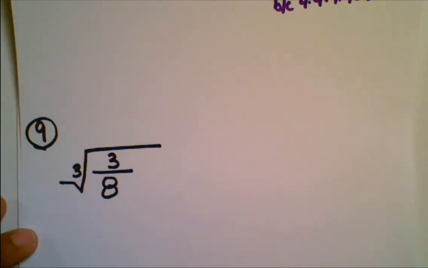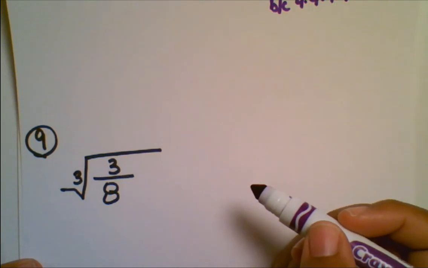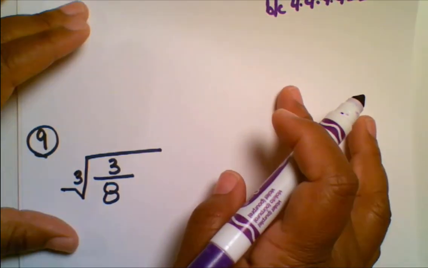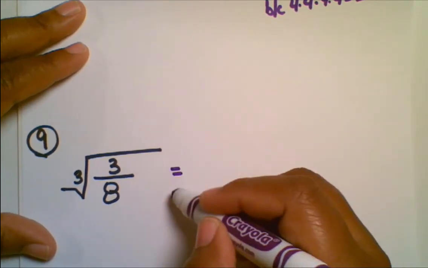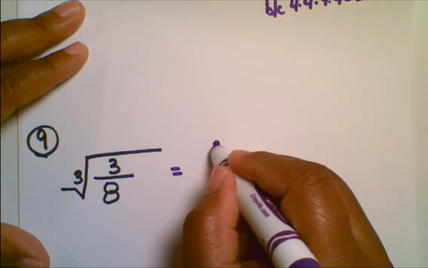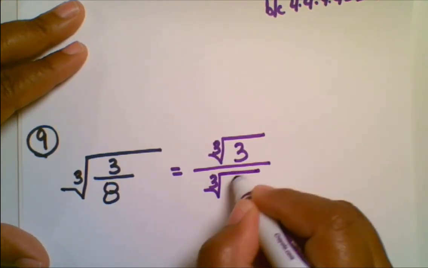Last example, we have the cube root of 3 over 8. Let's write 3 over 8 as two separate radicals. We have the cube root of 3 over the cube root of 8.